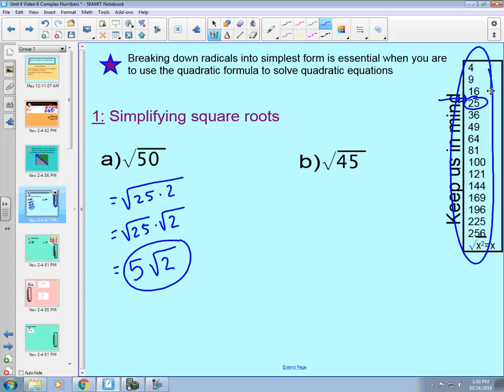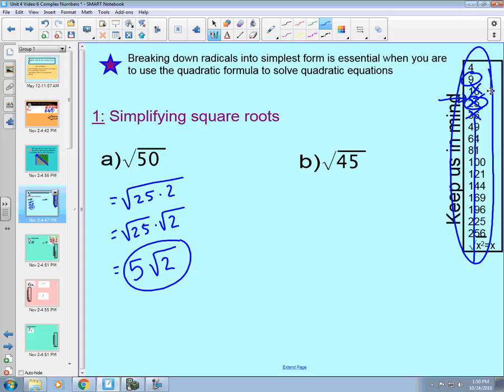That's a simplified radical. All right, let's try B here, 45. What's a perfect square that goes into that one? Well, we know it's not going to be any of these ones that are bigger than 45. It's got to be one that's lower. 36 doesn't. 25 doesn't go in there. 16 doesn't. I think 9 does.